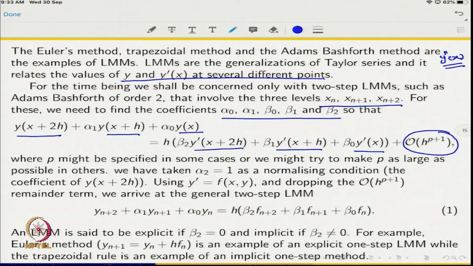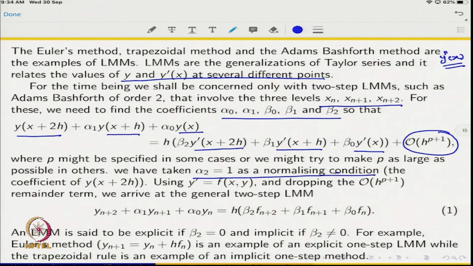Where p might be specified in some cases; if I wanted to derive a first order method, I have to specify p, or sometimes, depending on the template, we want to choose p, meaning what points we want to keep in the difference equation, and accordingly we have to choose p. Sometimes we try to make p as large as possible. In this case we have taken alpha 2 as a normalizing condition.